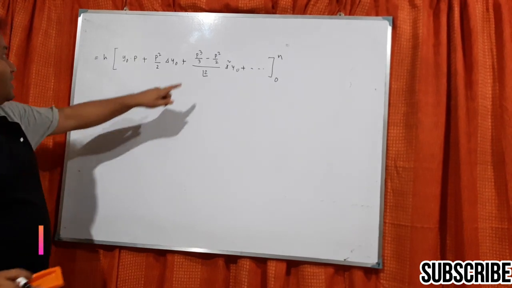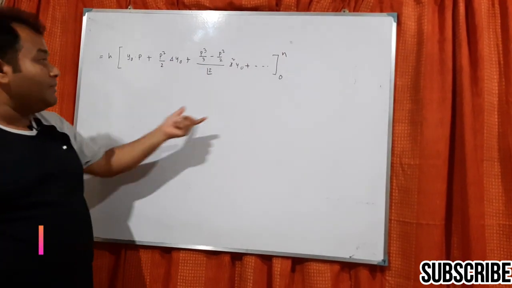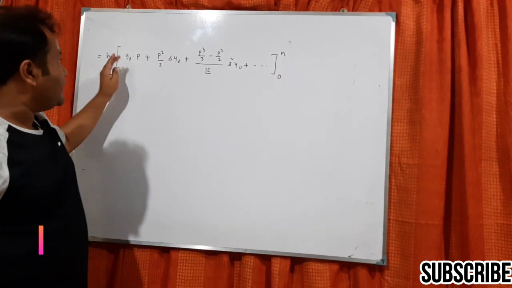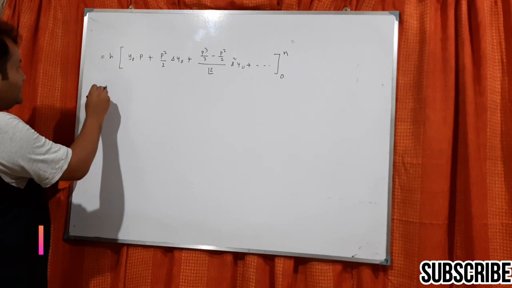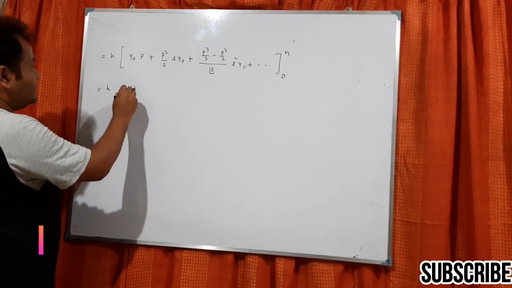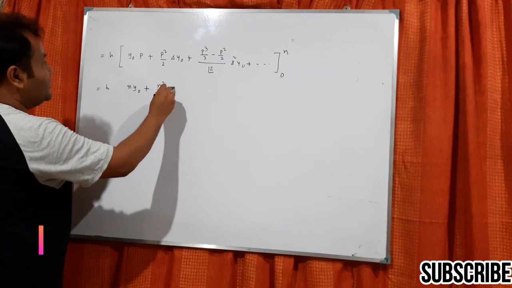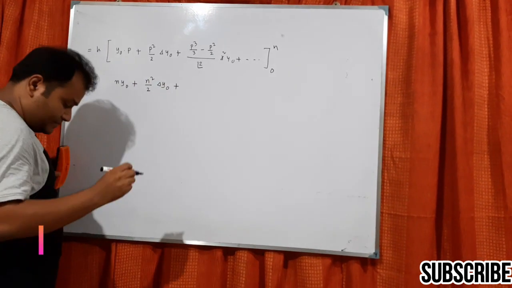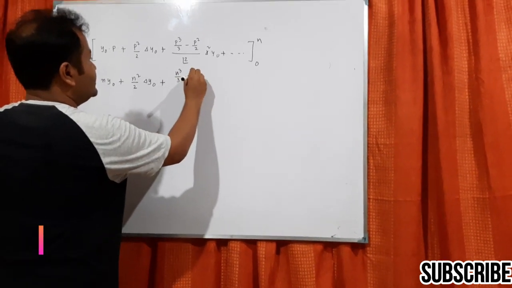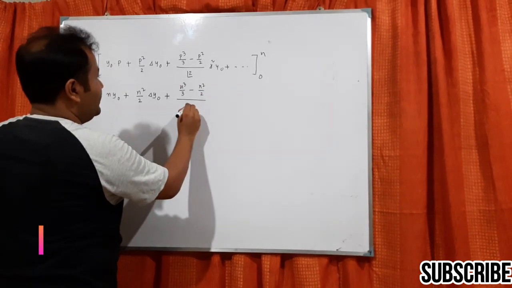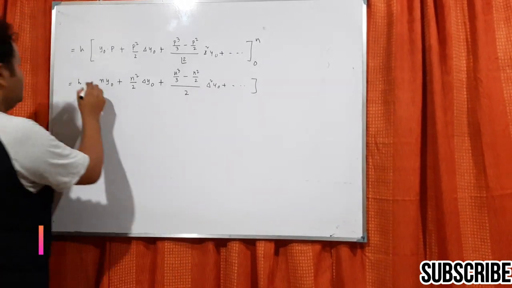So now if you want to execute this, you have to put n first, minus 0. If you put 0, it will be entirely 0, so only the n value will remain. So it will be h times n y naught plus n square by 2 delta y naught plus n cube by 3 minus n square by 2 divided by 2 delta square y naught and so on.